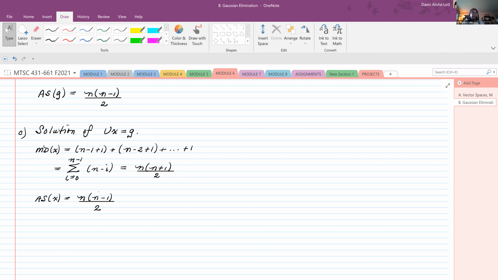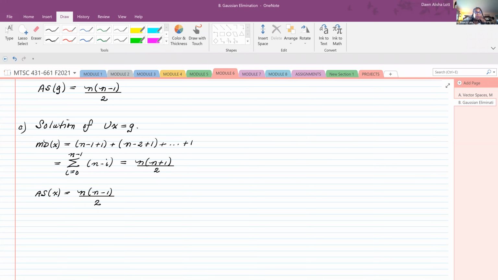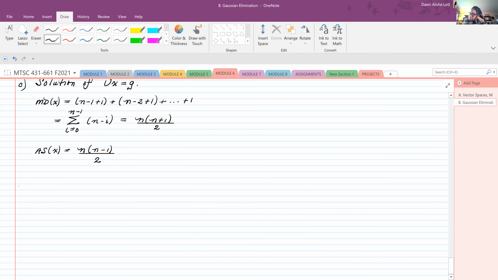All right. So if we solve AX equals B, then the multiplications and divisions of LU, because A is equal to LU: for the first one, you have n cubed over 3 minus n over 3.